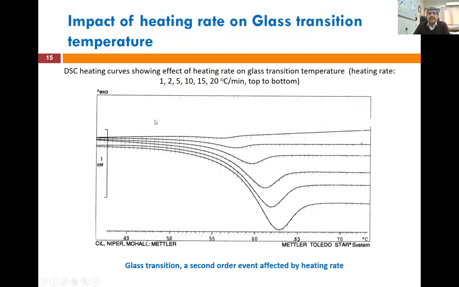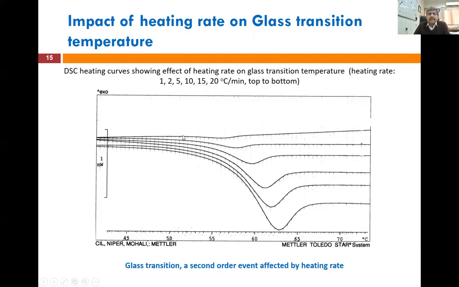As against that, glass transition temperature is affected by the heating rate that you use. And here is an example of amorphous celecoxib, where the glass transition temperature has been determined at 1, 2, 5, 10, 15 and 20 degrees Celsius per minute from top to bottom.